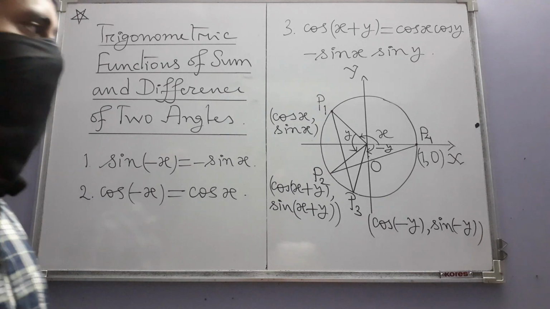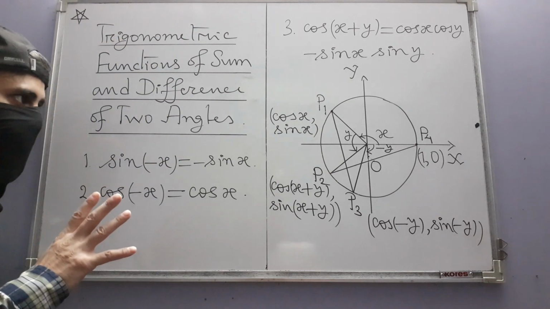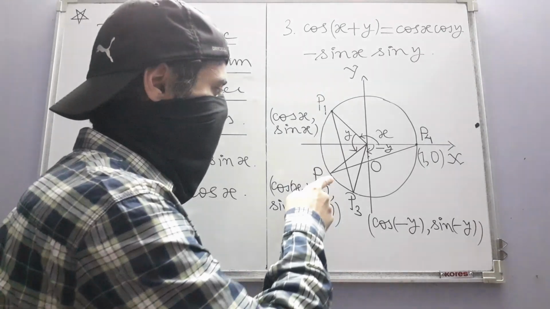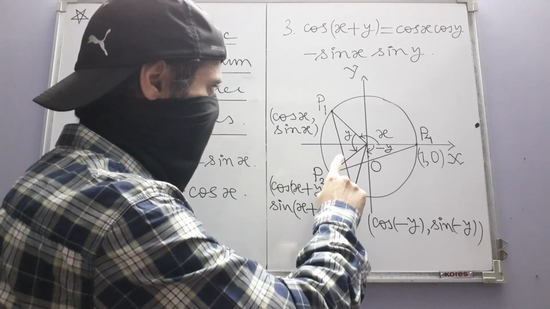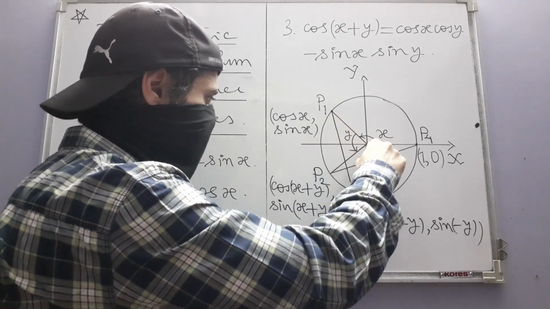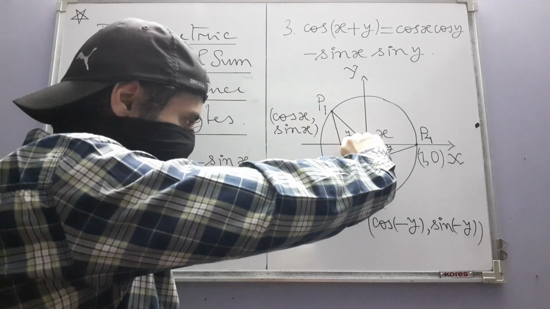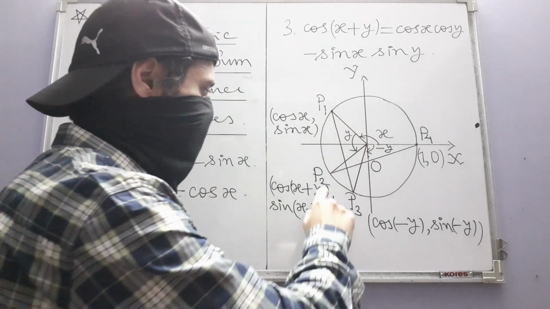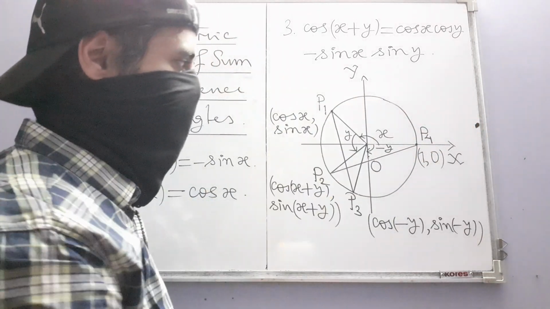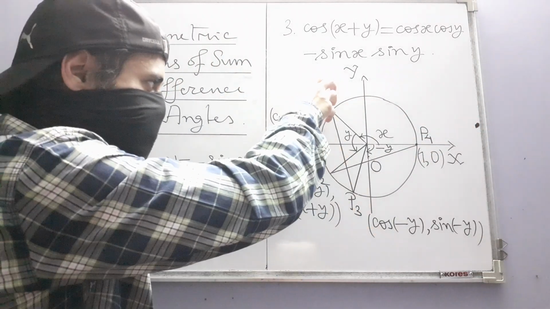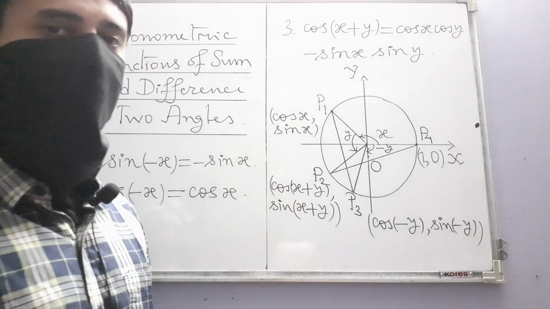Alright. Now what are we going to do with this? The claim now is that you may see that there are two triangles in this diagram. One of them is P1OP3, this one, and the other one is P2OP4, this one. A triangle which is somewhat vertical and another one which is somewhat horizontal.